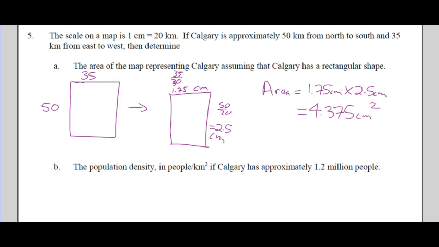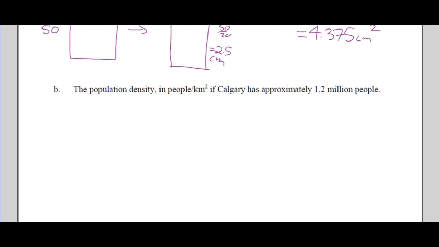Population density in people per square kilometer if Calgary has approximately 1.2 million people. Okay, so we've got 1.2 million divided by, the area will be 35 times 50, right? Because that's the actual kilometers. It's 35 kilometers wide and 50 kilometers long.